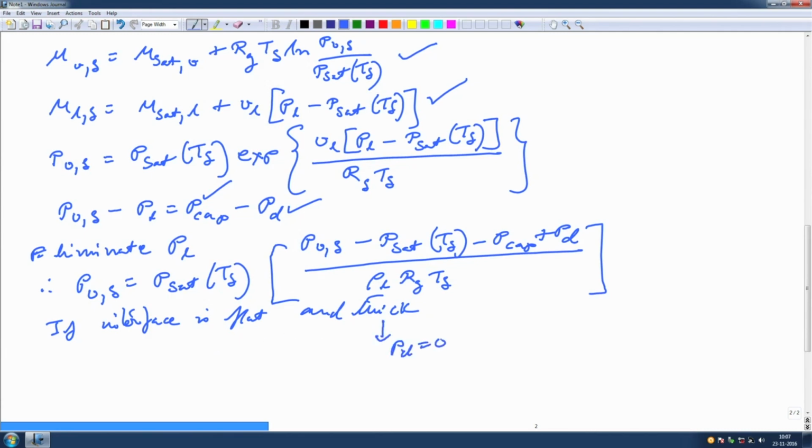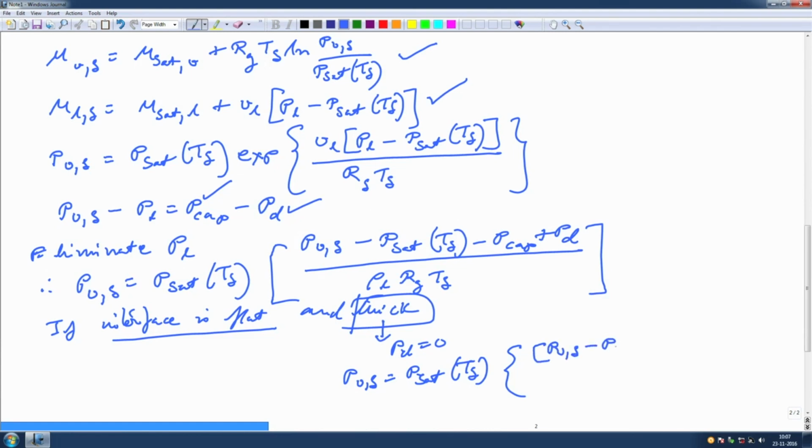If PD is equal to 0, only if it is a thick interface, but it is not necessarily flat, you get PV delta equal to P sat T delta, and you have the expression which is basically PV delta minus P sat T delta minus P cap, divided by rho L Rg T delta.